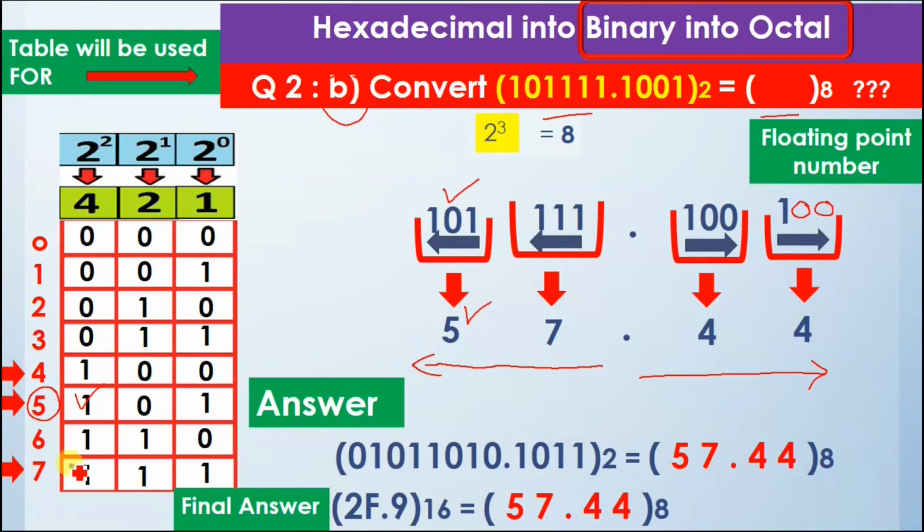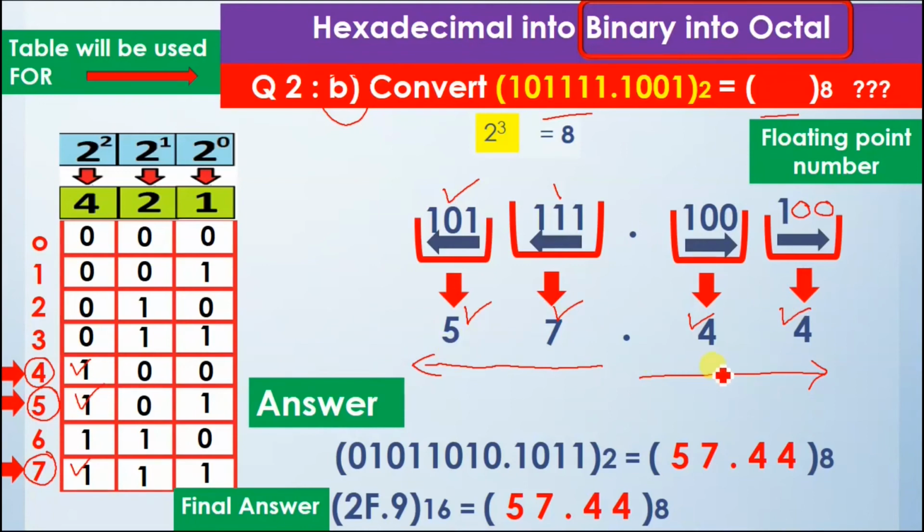Here is 111 in the table and it is equal to 7. So we write 7 here. Next we have 100. Here is 100 and it is equal to 4. So we write 4 here. And again we have 100, so we can write 4 again.